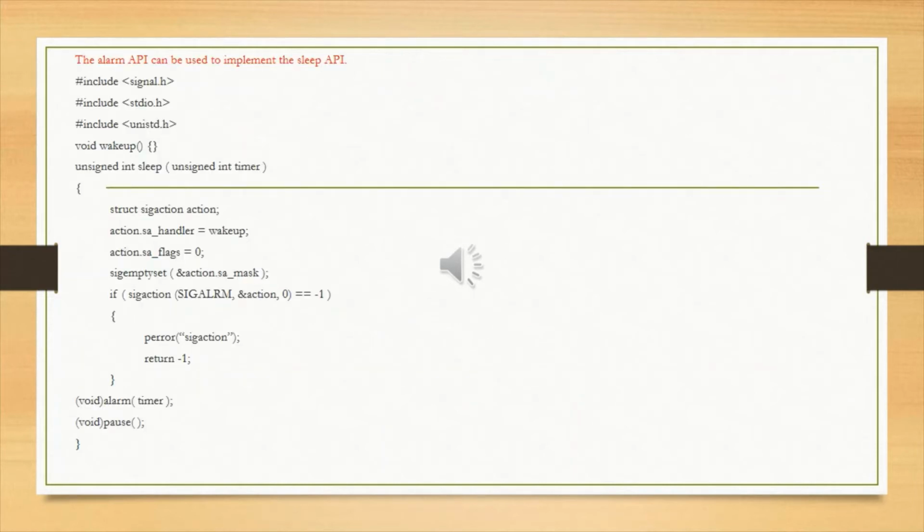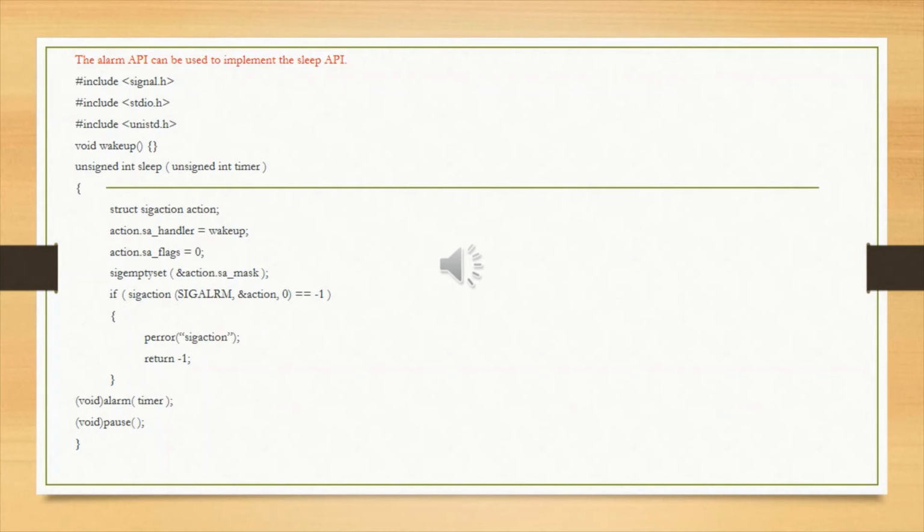The alarm API can be used to implement the sleep API. The value returned by the sleep function is an unsigned integer, only a positive value. It uses the sigaction structure, which contains a number of parameters set through the structure variable action.